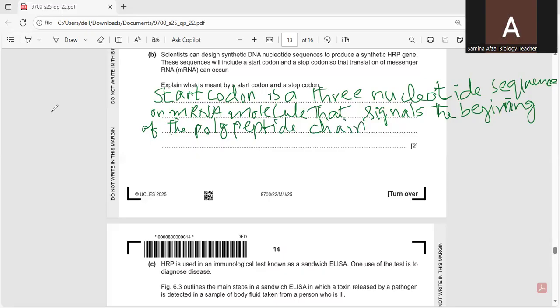So it dictates the point where the ribosome complex should begin translation.